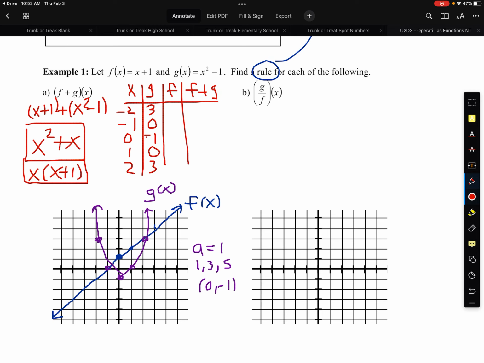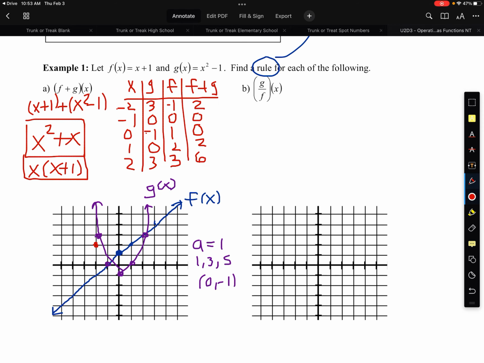For f of x, we would have negative 1, 0, 1, 2, 3. So what does that look like when we add them together? 2, 0, 0, 2, 6. That gives us enough information. With our graphing: negative 2, 2; negative 1, 0; 0, 0; 1, 2; and 2, 6.